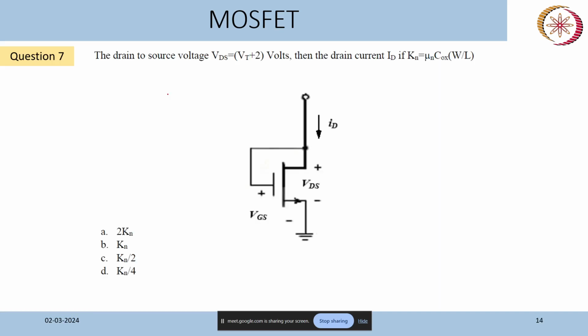You can see here the drain and the gate are connected, and the drain voltage is given as VT plus 2.